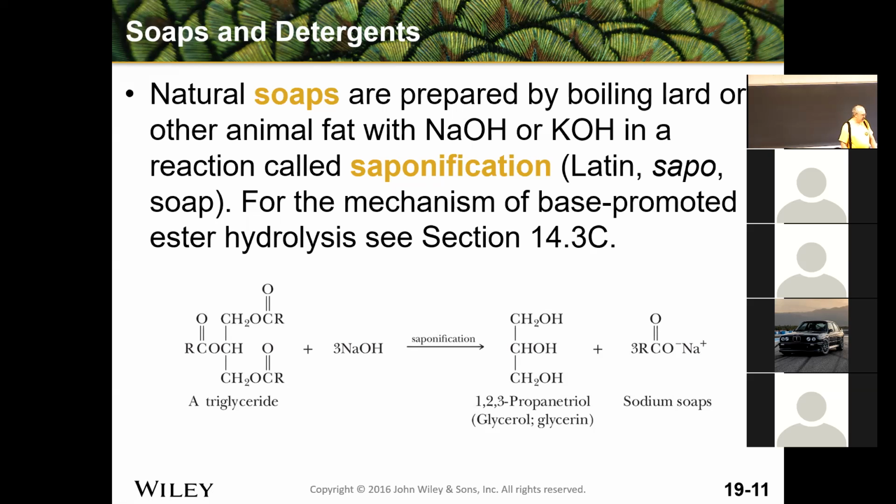The triglyceride starts out insoluble in water, but as the reaction proceeds, you get a cloudy mixture. The combination of these sodium salts of fatty acids is what we call soap. The byproduct is glycerol or glycerin.